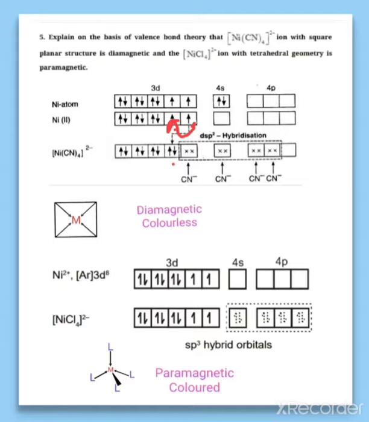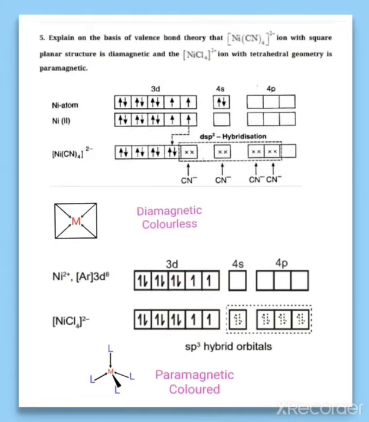So that is shown here. Now the electrons are paired. Total 8 electrons are there, and they get paired in this way. After the pairing of electrons due to the strong field CN, one 3d orbital is vacant.